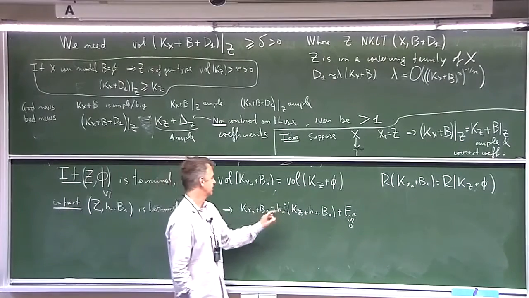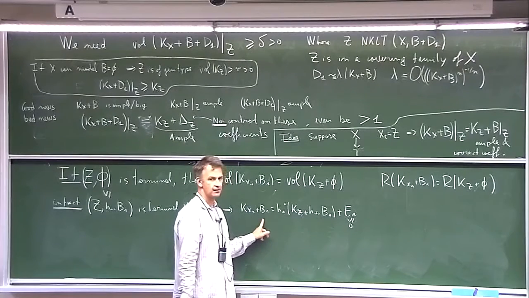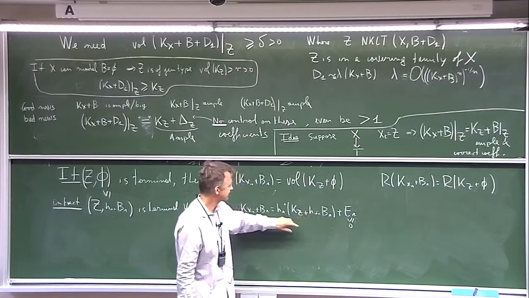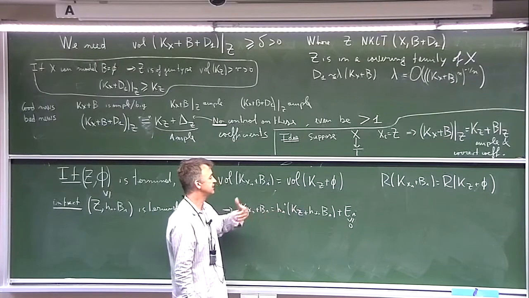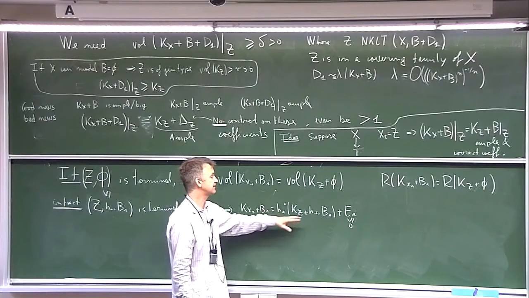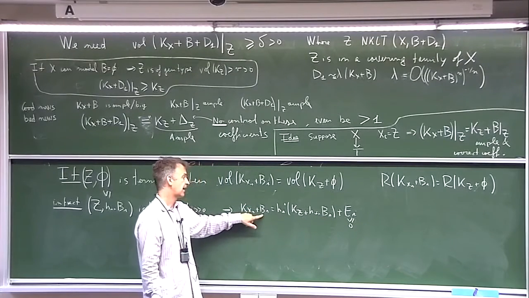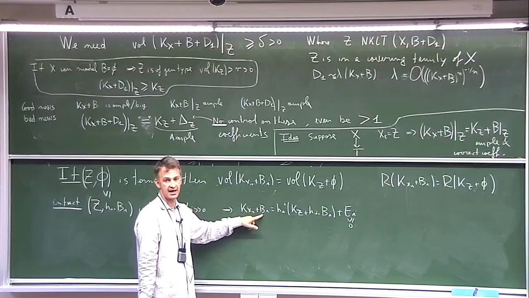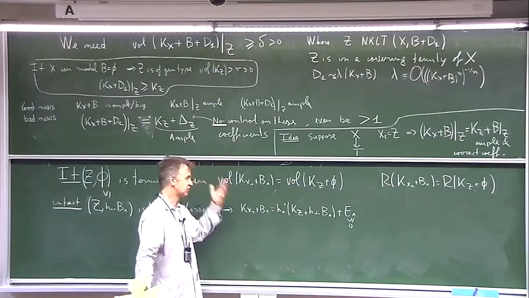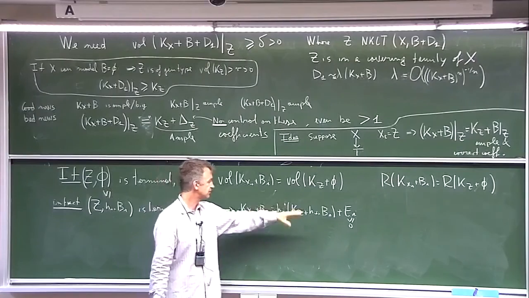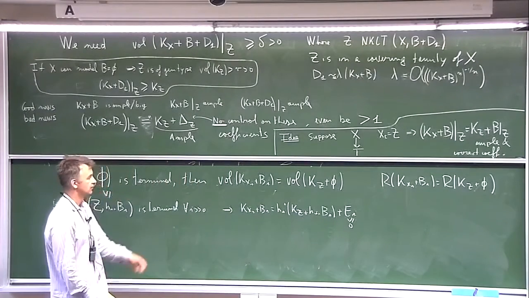The difference between this and this is clearly exceptional because this is the push forward of that. Why is it effective? The definition of terminal is that when I pull back this, the only stuff with positive coefficient that I get is the strict transform of B_i. So clearly this is bigger than the strict transform of the push forward of itself, by definition of the push forward. So this is automatic once you have terminal.